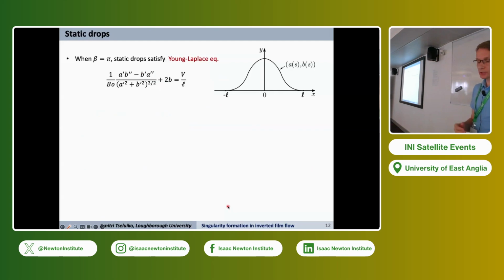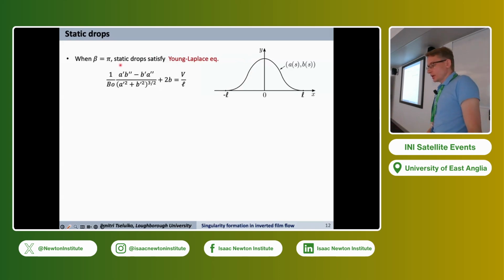Let's consider first the fixed volume case, and let's consider the case when the plate tends to become horizontal. In this case, as I've discussed on the previous slide, we know that the thickness of the precursor film tends to 0, and then the solution must approach the solution of the static Young-Laplace equation, which represents balance between gravity and surface tension.